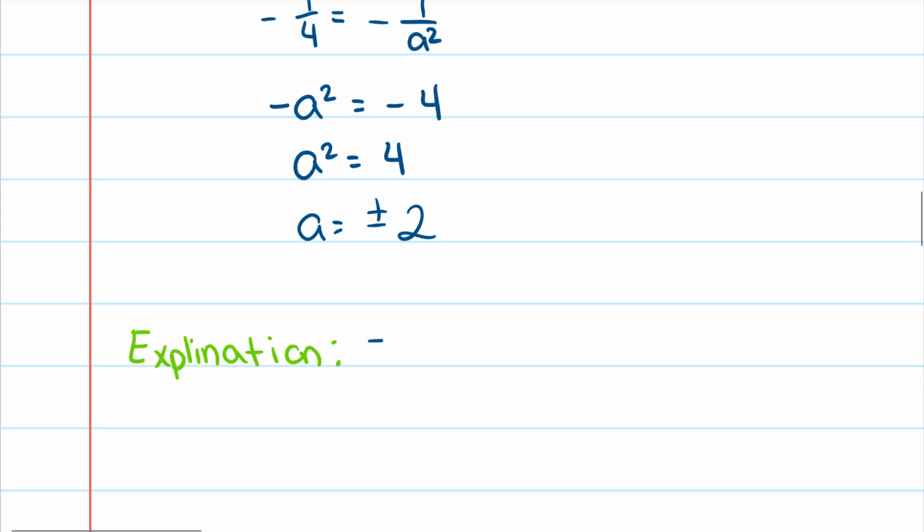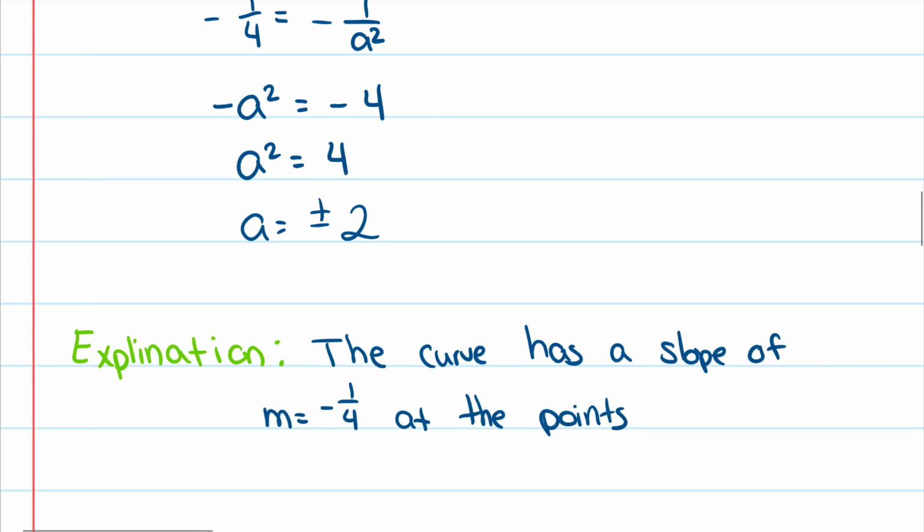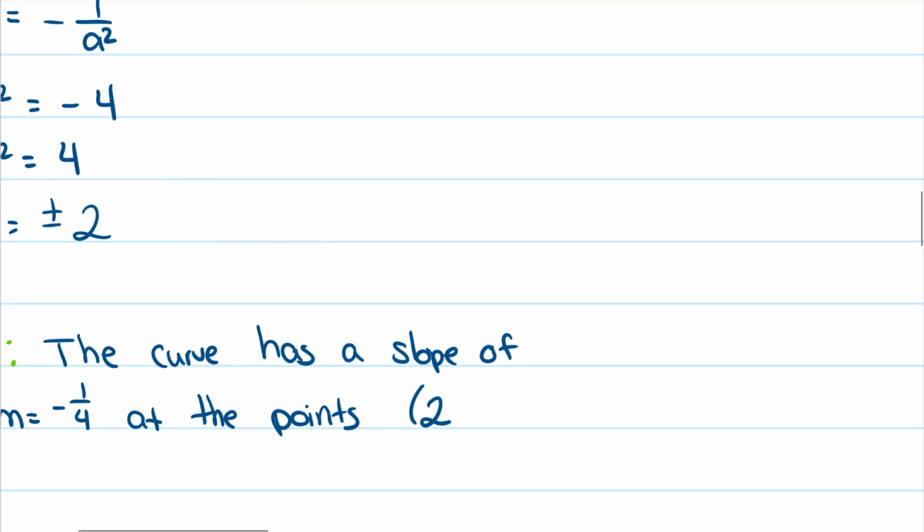So the explanation here is that the curve has a slope of -1/4 at the points, and now we're going to talk about how to find them. So if I want to know what the slope is when x equals +2, we take x equals 2, and f of x is 1/x, so then f of 2 is equal to 1/2.